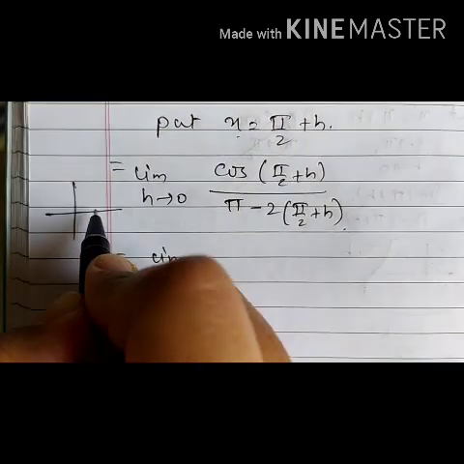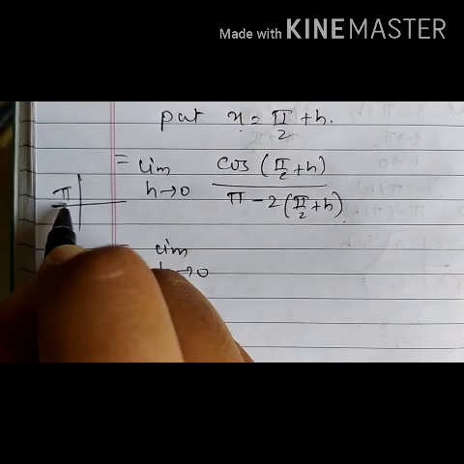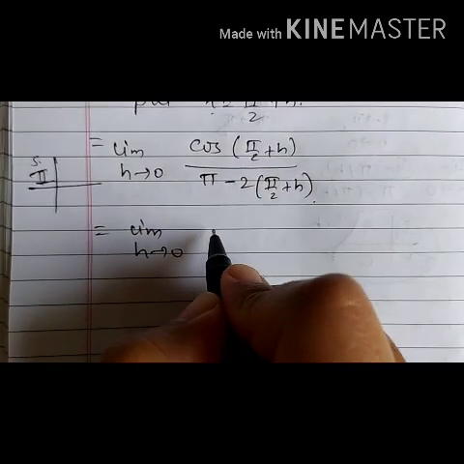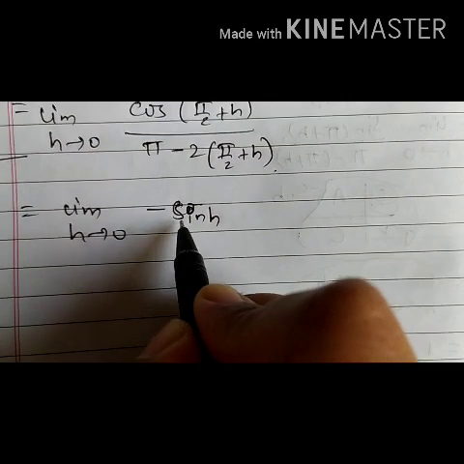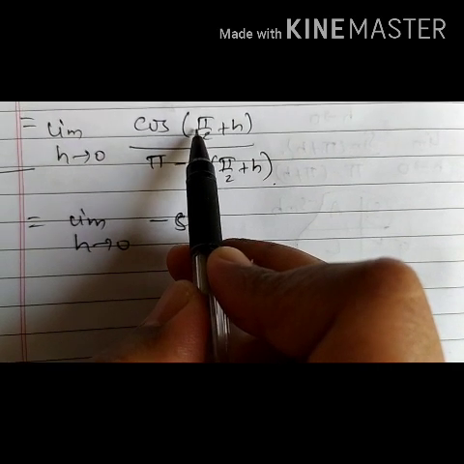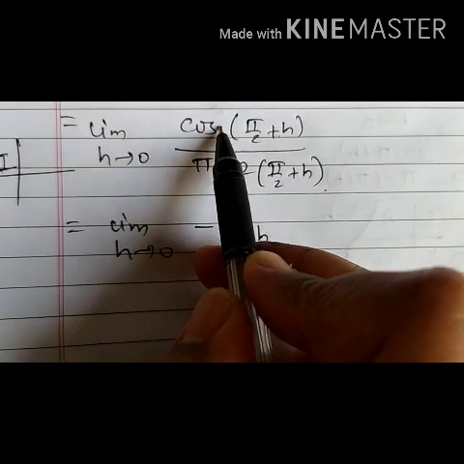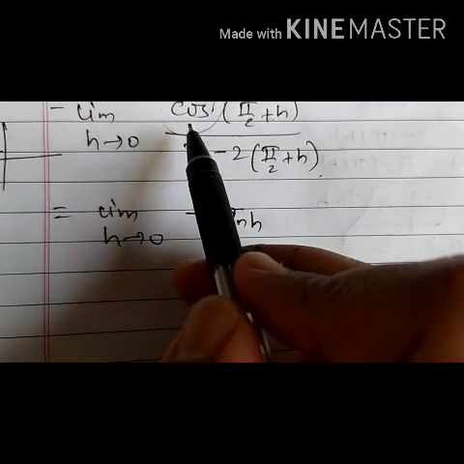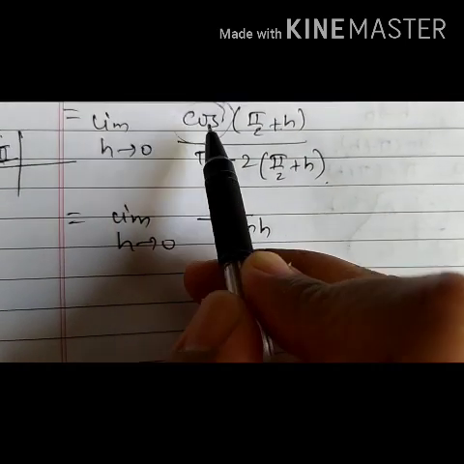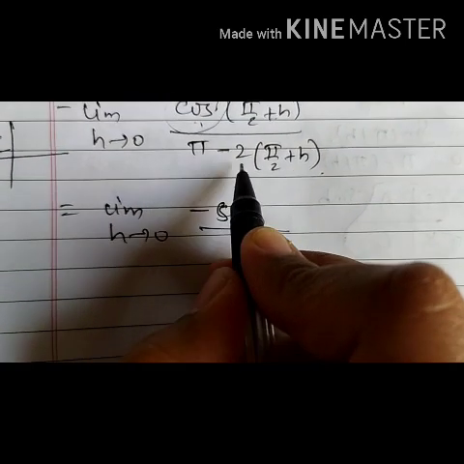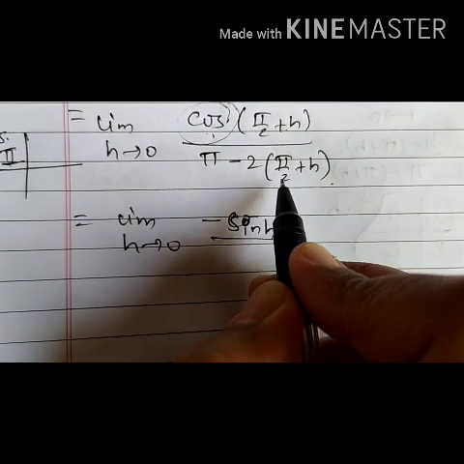Now pi by 2 plus h is in the second quadrant, and in the second quadrant only sine and cosec are positive. So cos is negative, it will be minus sine h, because it is an odd multiple of pi by 2, and when it is an odd multiple of pi by 2, its pair function will be there. So cos with sine, so we have minus sine h upon pi minus 2 pi upon 2.